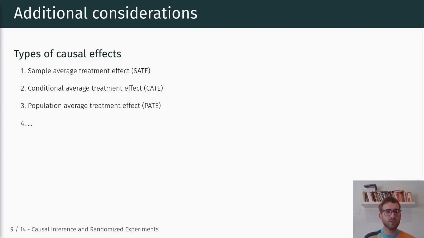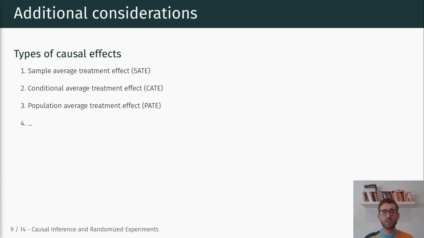So that means that we can also think about different types of causal effects, right? By basically averaging over different groups of people. Okay, so the first kind of average causal effect that we talked about so far is the sample average treatment effect. And this is basically the average effect across all observations that are included in our sample.